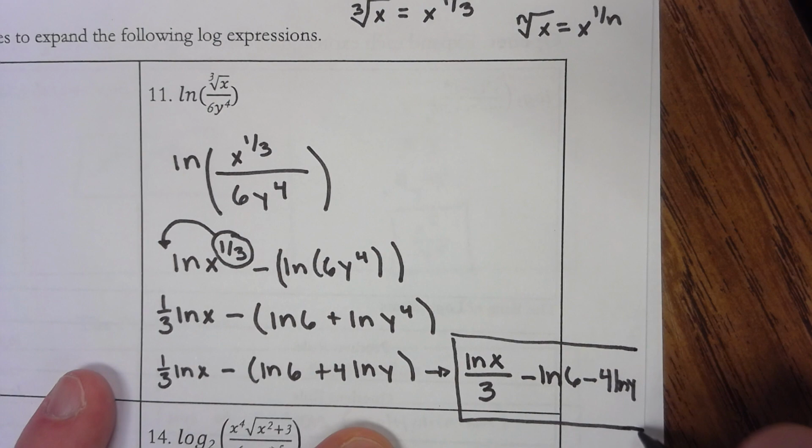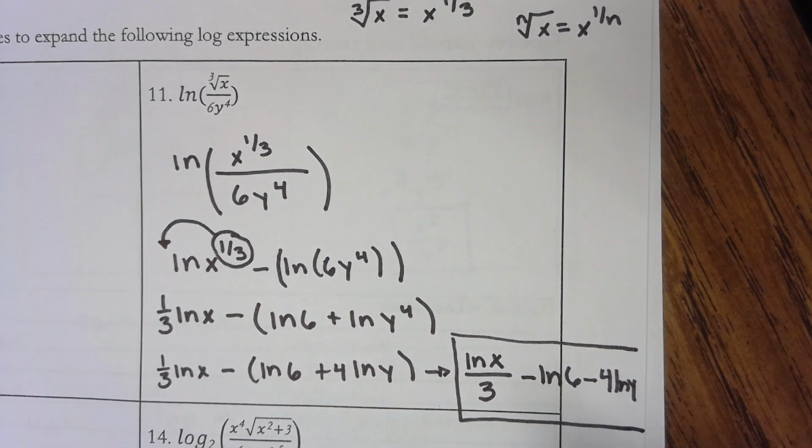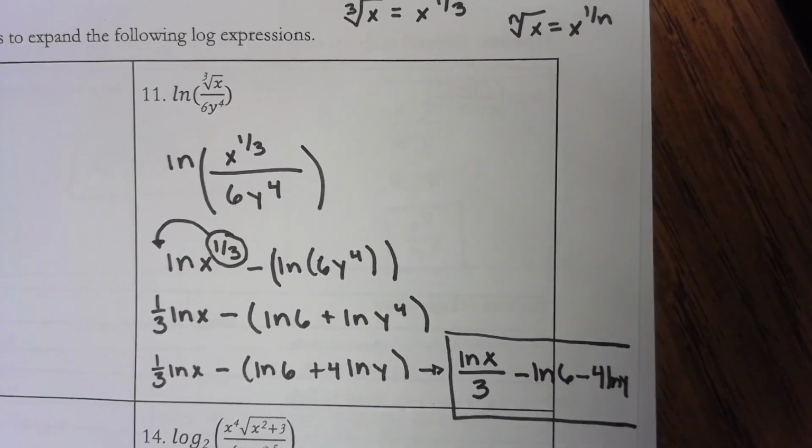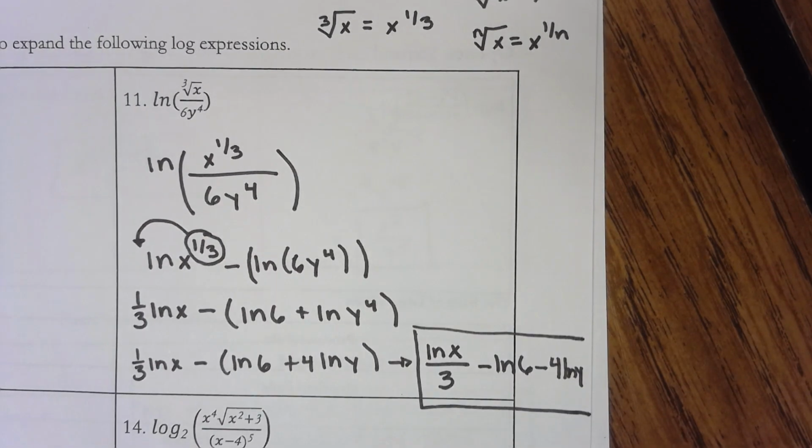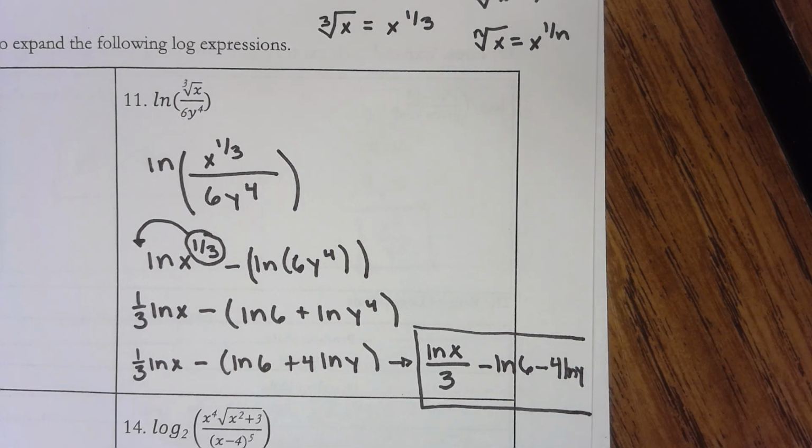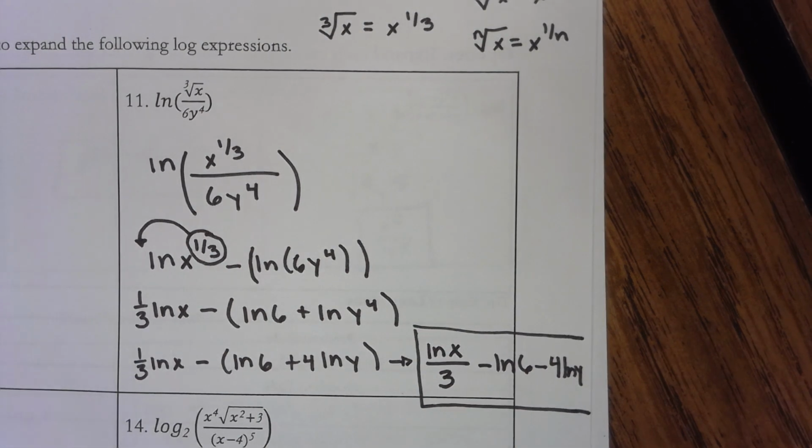Again, you don't necessarily need to get to this point. I am okay with you all getting here, but just some other things to pay attention to. I will warn us that expanding with these log properties is not easy. These are a little bit more complicated.